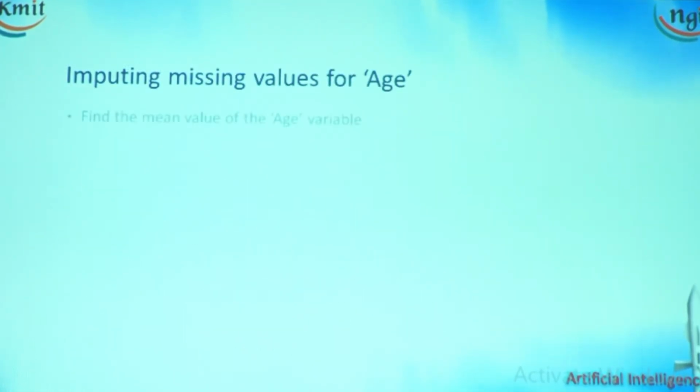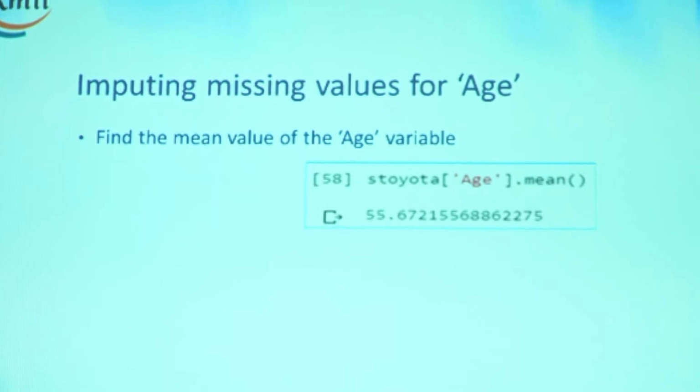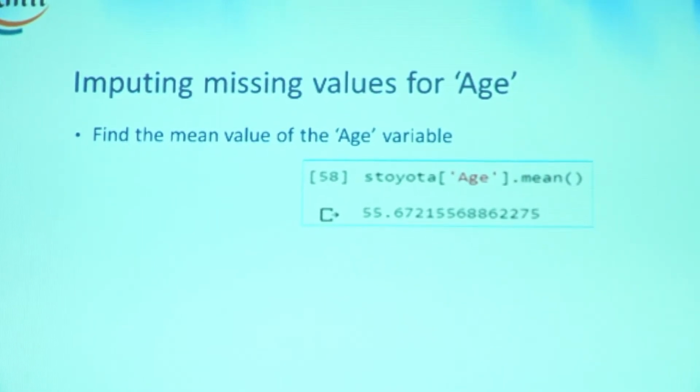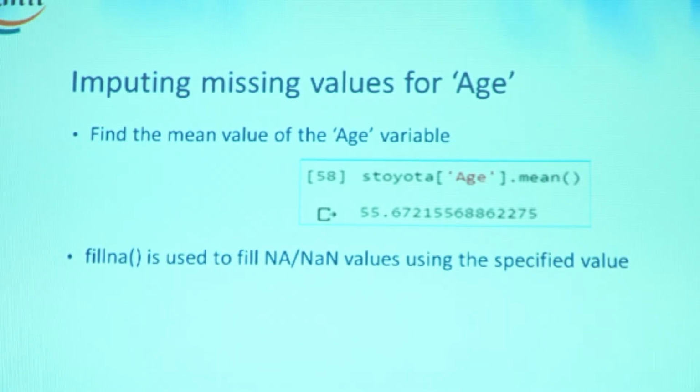Now, we are going to impute our missing values for age, guys. So first you find out the mean value for your age. See, already in the describe it will be there. But individually also you can find out, not an issue. Either look for it in the describe output or individually for that column you can find out the mean, it is up to you. After you have done that, you will use a method called fillna. For deleting missing values, dropna.